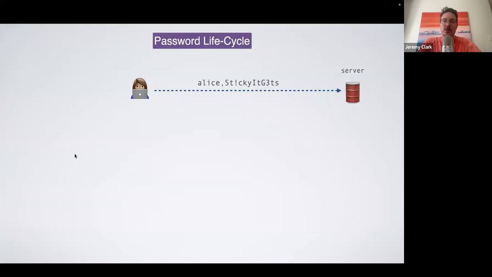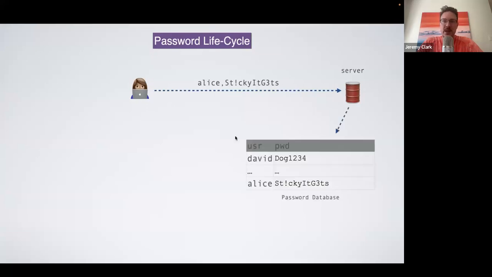Okay, so with a password, what happens is a user comes to a website and they want to register for the first time. So they send their username and they send their password. And what the server will do is it will record it. So it has a database that contains all the users, and it contains all the passwords. Okay. Then the user comes by later and says, oh, I'm Alice, this is my password.